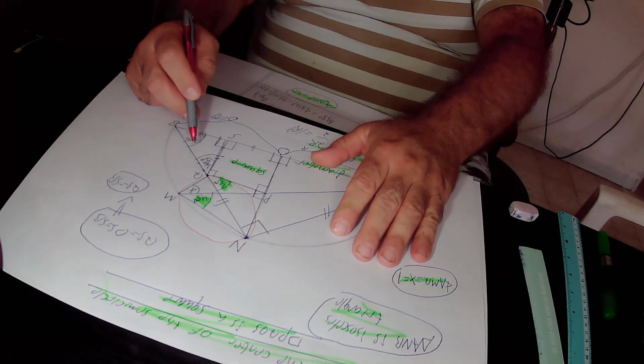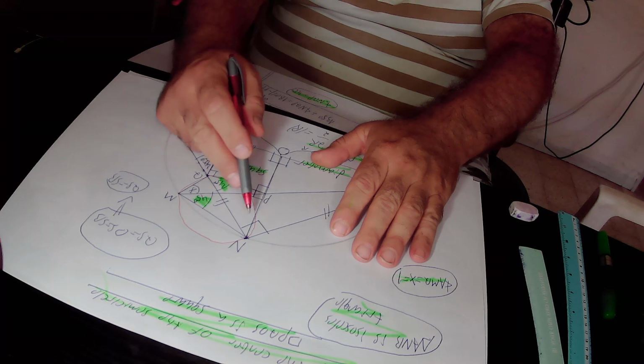The red circle blocks quadrilateral NMQP. Why does the red circle block quadrilateral NMQP?